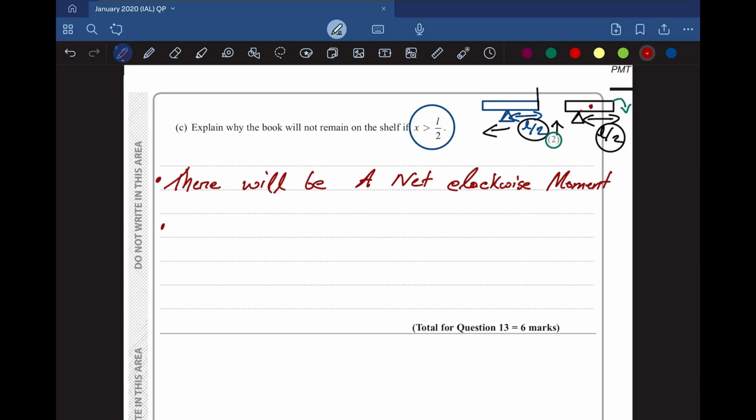The center of gravity is outside this edge of the shelf, right? This is the edge of the shelf. Center of gravity is outside the edge of the shelf.